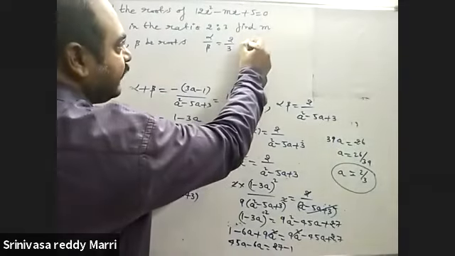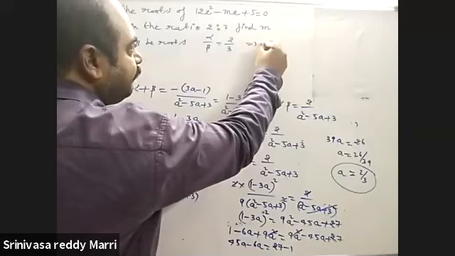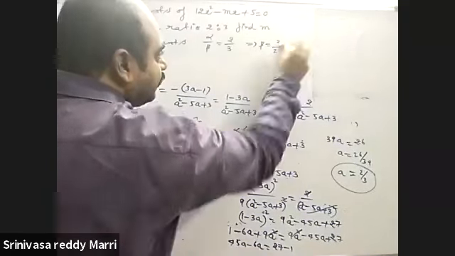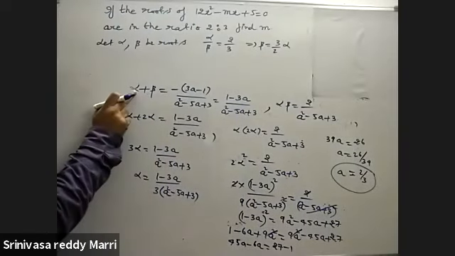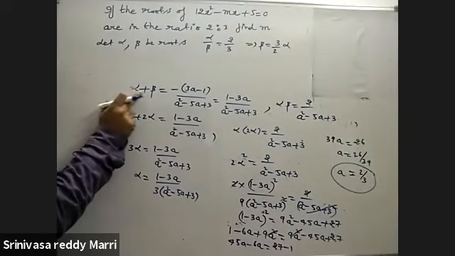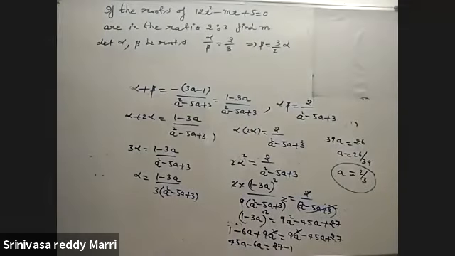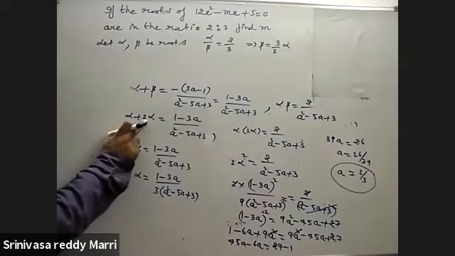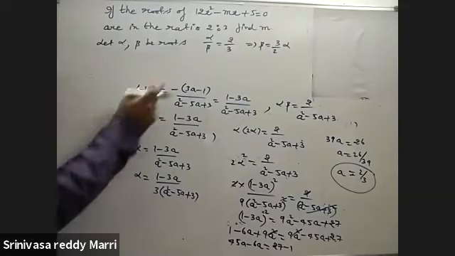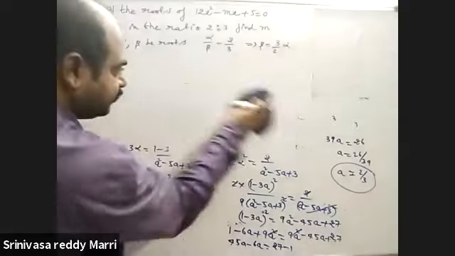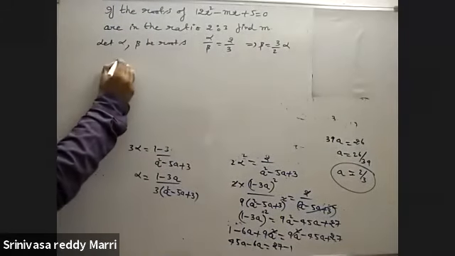Now we will write beta in terms of alpha. Beta is nothing but 3 by 2 alpha. Just like in the previous problem, where beta equal to 2 alpha was given, here beta equal to 3 by 2 alpha is given. Same approach. There you substituted 2 alpha, now you will substitute beta equal to 3 by 2 alpha. That is the approach.